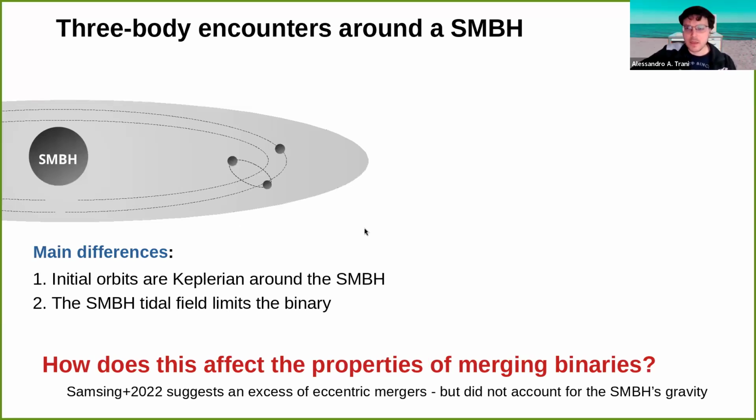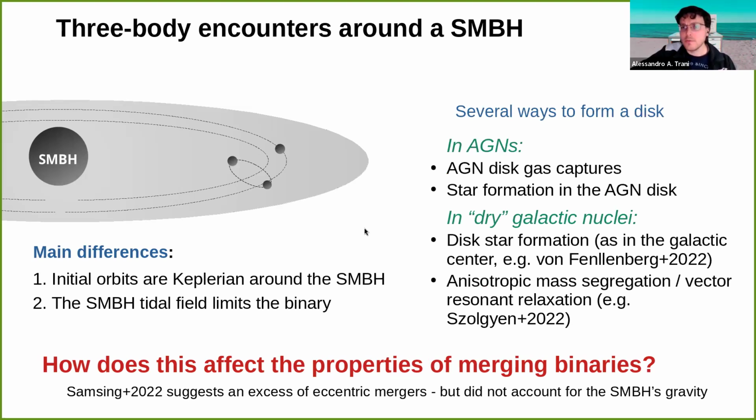Okay, and this kind of scenario is relevant not just to AGN disks, strictly speaking, but also to disks of black holes found in galactic nuclei, because we do observe, for example, a disk of young stars in our galactic center.